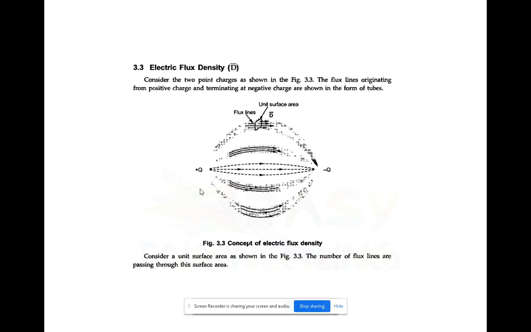So consider a unit surface area. The number of flux lines passing through this surface area is represented in the diagram. You take a small unit surface area, and in that you assume the flux lines passing through it.